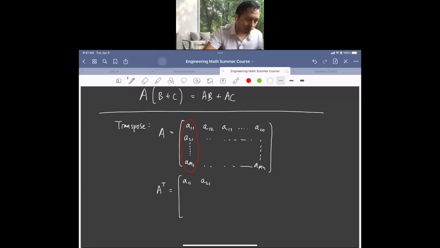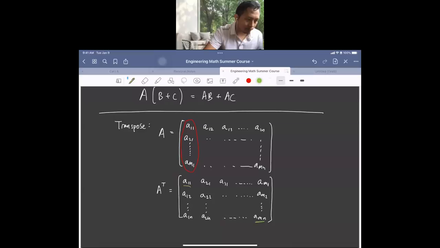So A11, A21, A31 until AM1, and then we write all of it: A12, A22 until AM2, and so on until A1n, A2n until AMN.